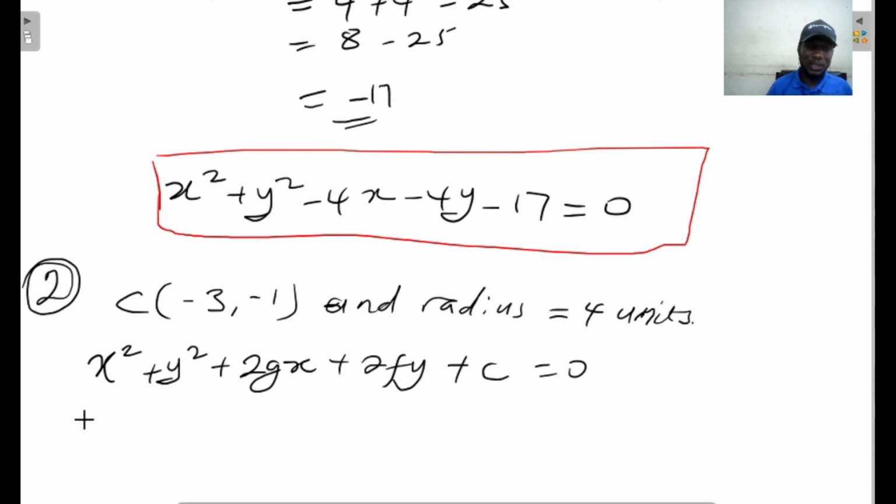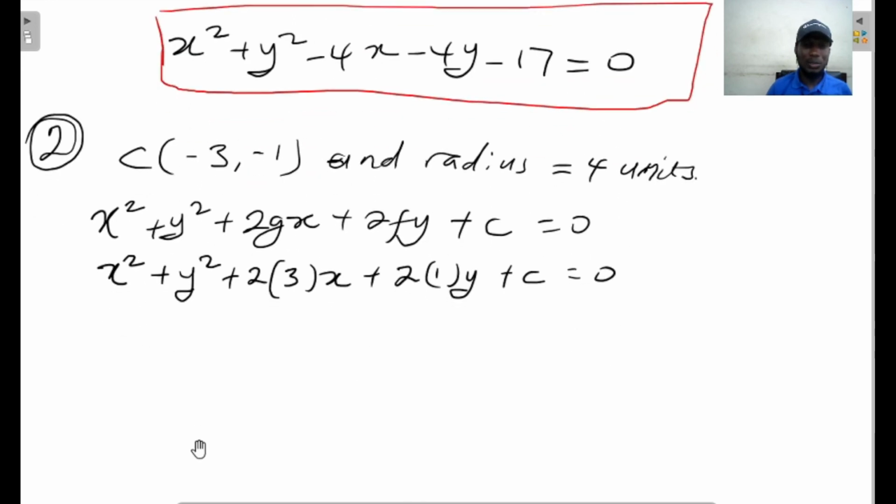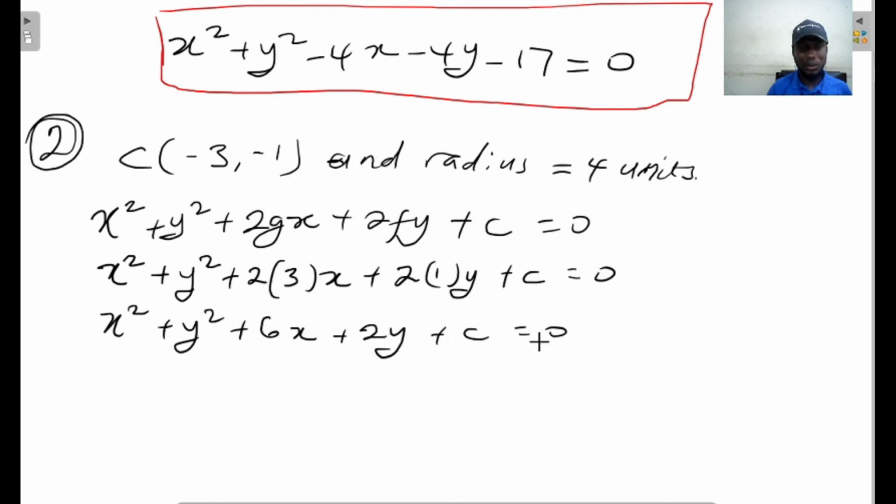By substituting that in, our equation now is going to be x squared plus y squared plus 2, our g is 3 because the negative of -3 will be 3, x plus 2 times 1, y plus c equals 0. Then we simplify further to have x squared plus y squared plus 6x plus 2y plus c equals 0.